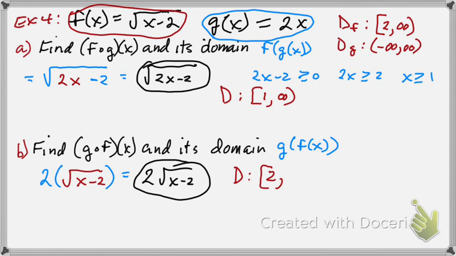If I sent 2 to F in the red circle up there, what would I get as an output? 0, because it'd be 2 take away 2, take the square root, 0. If I sent 0 to G in the blue circle, I'd get 2 times 0, 0. That works. If I sent anything bigger than 2, that would work.